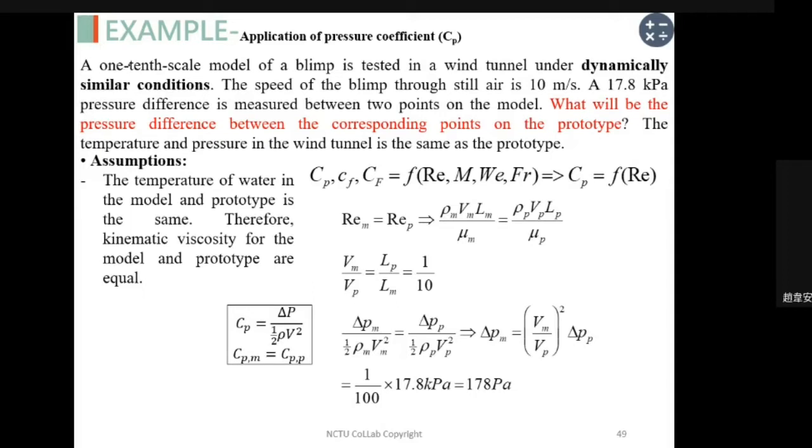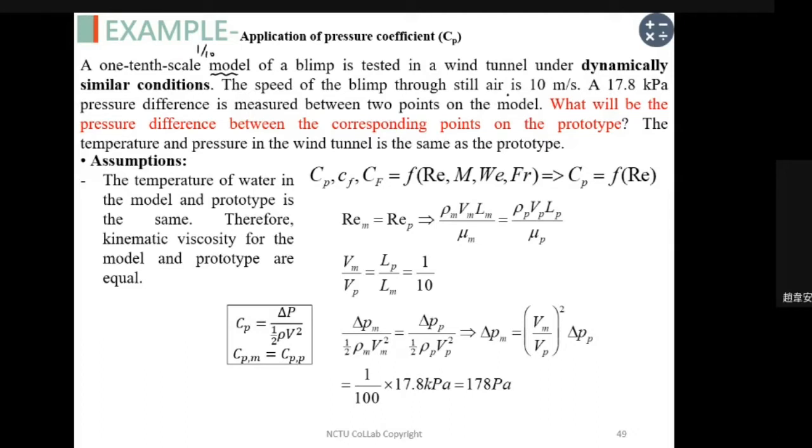A 1/10 scale model of the blimp is tested in a wind tunnel under dynamically similar conditions, and the speed of the blimp through still air is 10 meters per second, the same airspeed velocity, and in that way we have a pressure difference of 17.8 kilopascals measured between 2 points on the model.